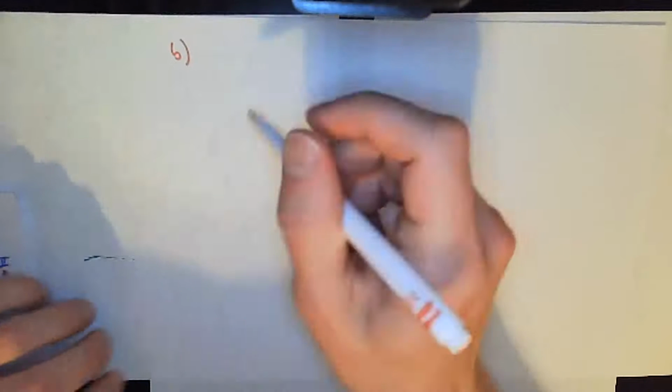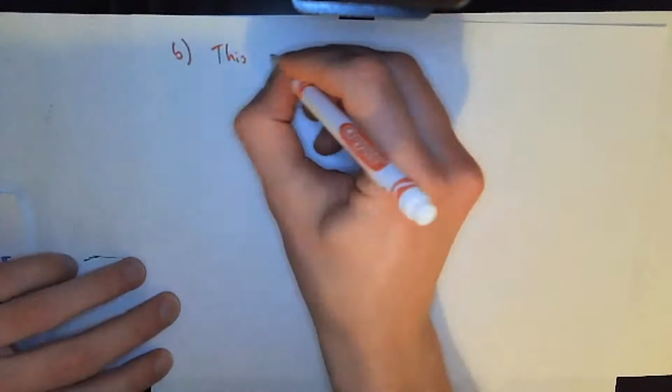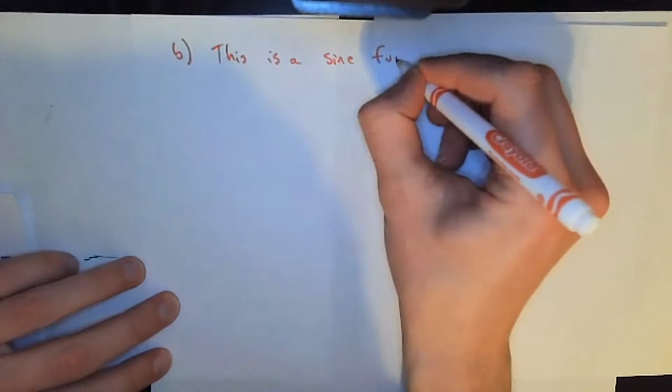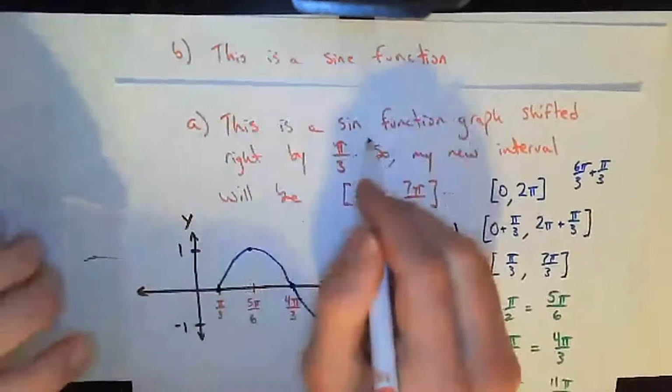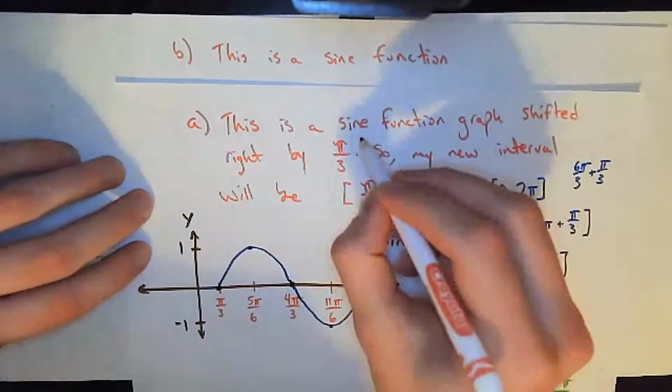So let me say this is, you should have it written down, but just in case you don't, it's sine of x plus pi on 6. So this is a sine function. When you're writing sine in words like this, you should spell it out S-I-N-E.